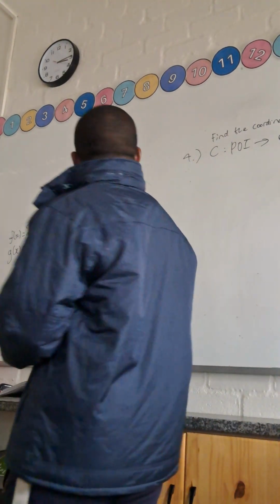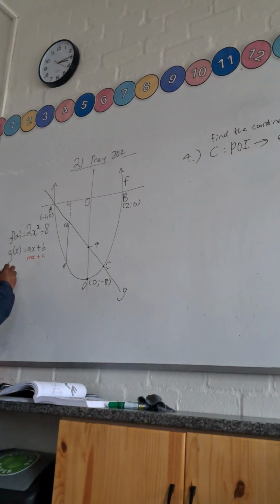So we now have both our equations. We just said that g of x is minus 2x minus 4, so we equate that with this one, and then solve for x. Whenever you have a point of intersection, you equate the one formula with the other and solve for x.